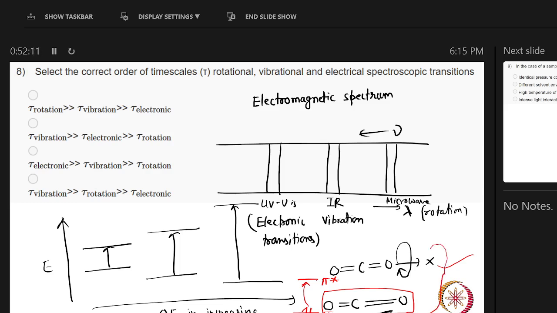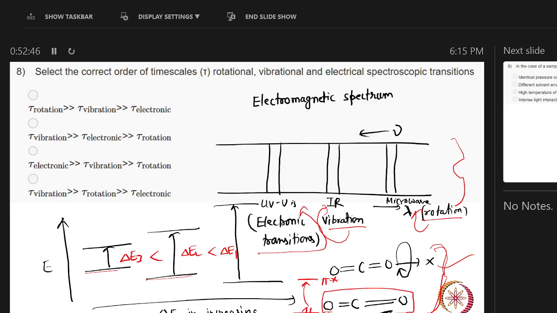And once we understand this energy difference, even if you don't remember the electromagnetic spectrum, even if you don't know that rotational comes under microwaves, or vibrational comes under IR, or electronic comes under UV-Vis, by simply understanding this analogy we can understand delta E1, delta E2, delta E3, this is greater.